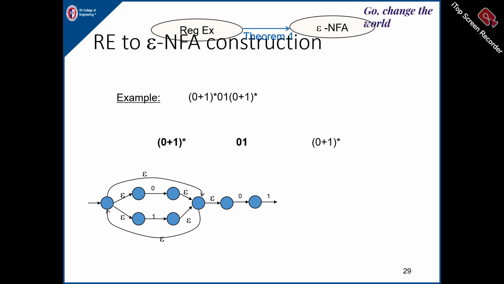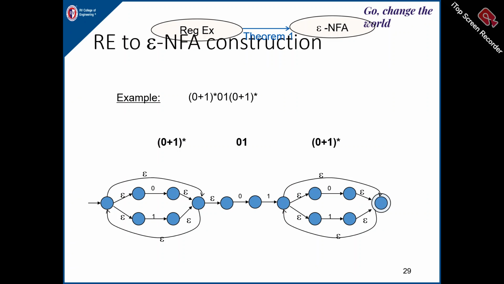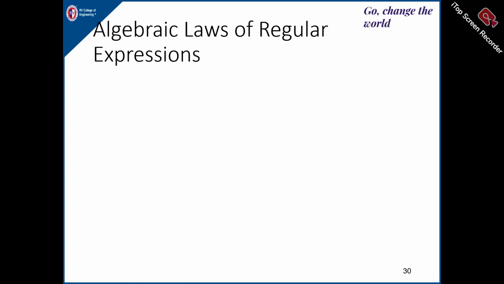Next is 01, and because it's a concatenation there is an epsilon transition to this, and this is (0+1)*. So this will be your machine for the entire regular expression. Likewise, for any regular expression I can build an epsilon NFA.